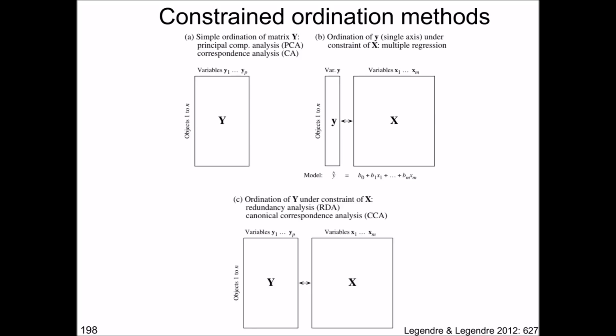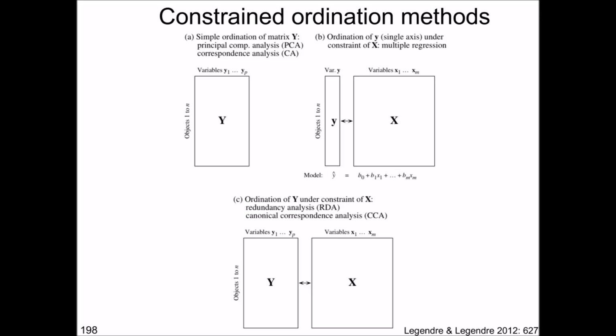So we now turn to the case of ordination of a matrix of y. That means we have several response variables, compared to the case of multiple regression where we had just one response variable. So we have a matrix of response variables. That could be a matrix of species responses, species data, or other response variables.